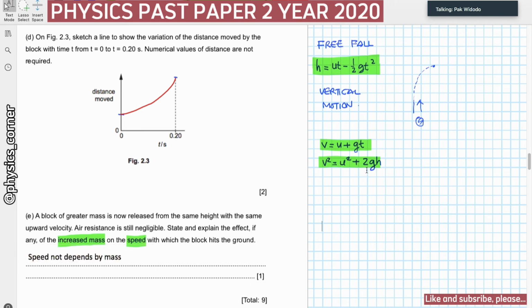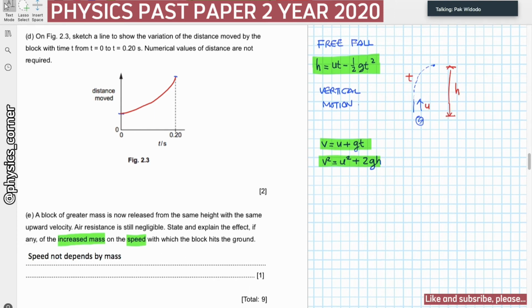Kecepatan itu bergantung pada gravitational acceleration and height, also about u, the initial velocity. Okay, speed does not depend on mass. That's it. Continue to check the next question.